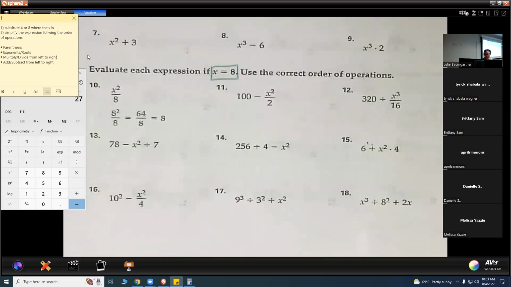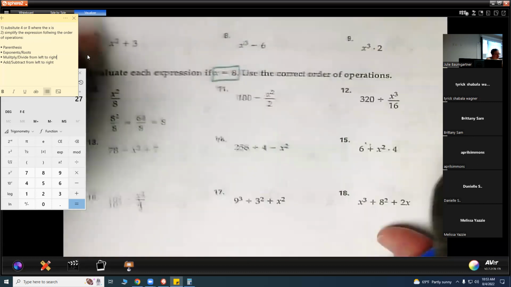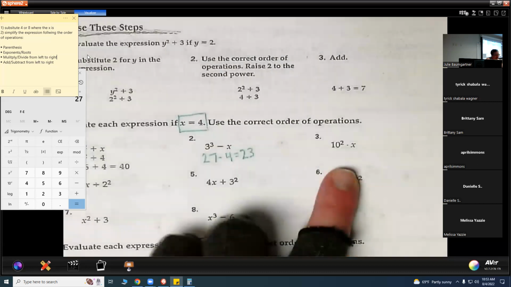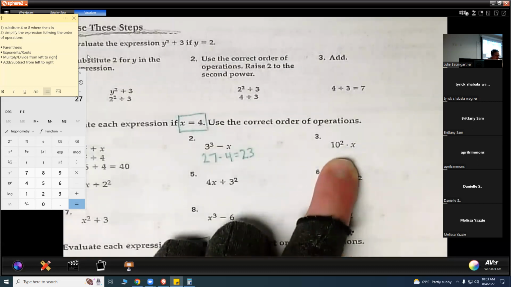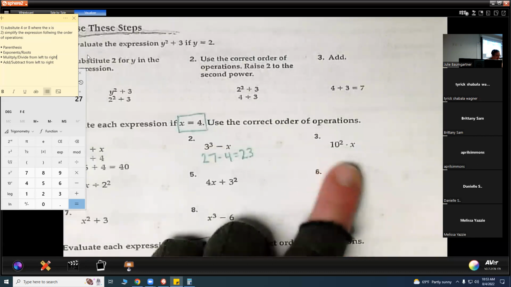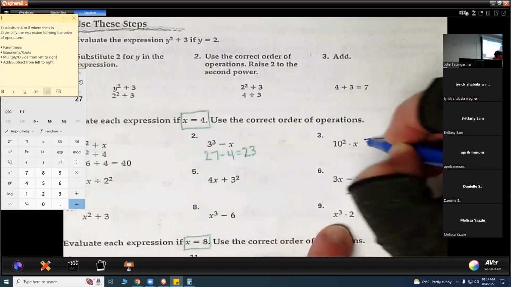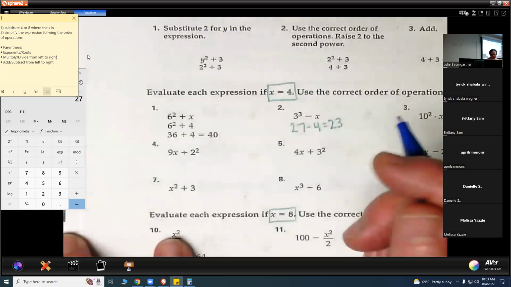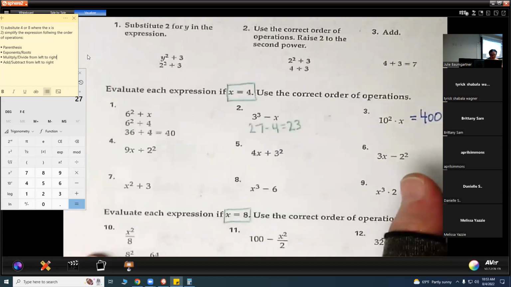All right, let's go ahead and start just working through these, just because I know we need to kind of progress here. So let's see how we're doing. For number 3, right, 10 squared is 100. 10 times 4 is 400. Okay, stop me if I need to explain more.